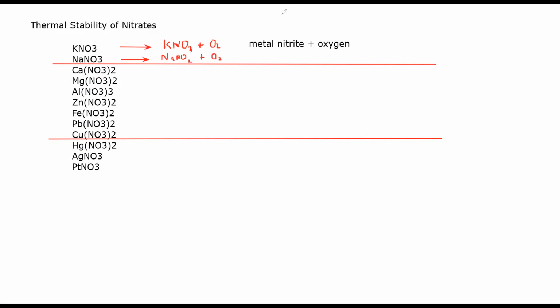oxygen. From calcium till copper, when we supply heat energy, what will be the result? The product, when we supply, it will decompose to form a metal oxide, nitrogen dioxide plus oxygen.